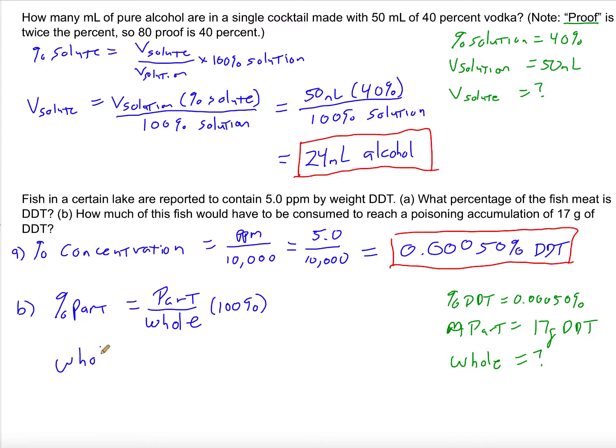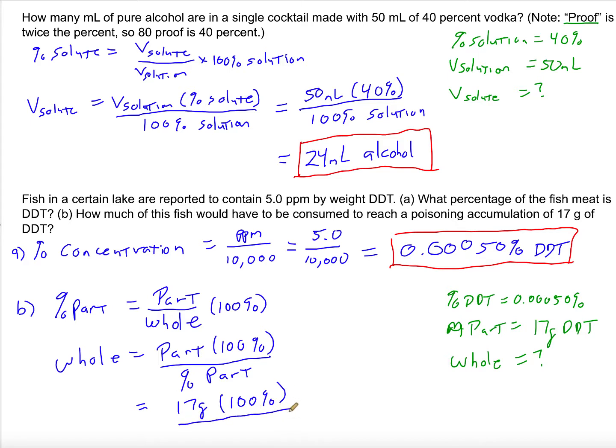So the whole is equal to the part times 100% divided by the percentage of the part. We know all of those numbers now. The percentage of the part is the percentage of DDT. So we can put our numbers in. The part is 17 grams. We know 100%.